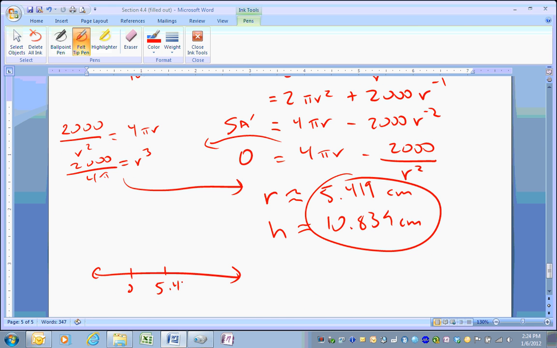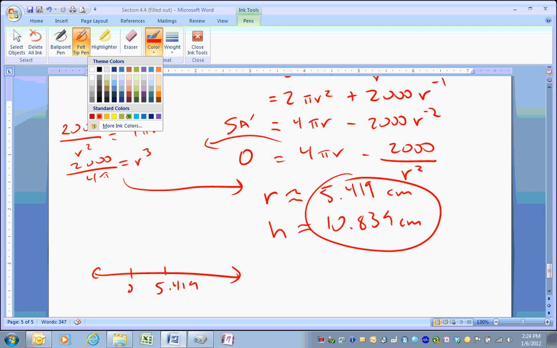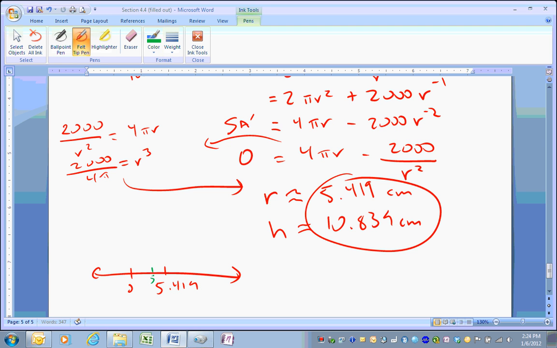If you do a sign chart, it goes from negative to positive, so it still represents a local min.